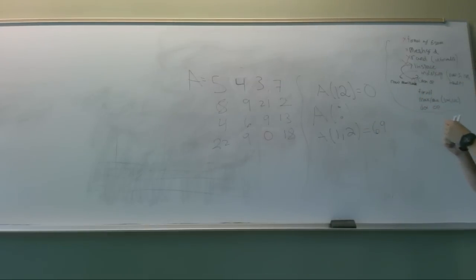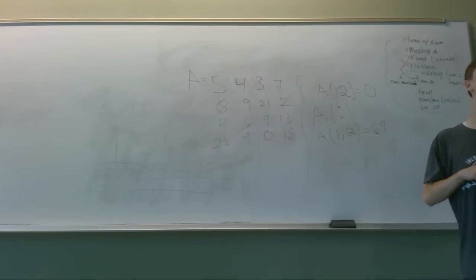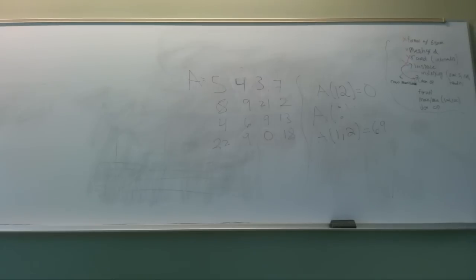Does that need to be a bracket? No, it didn't have to be a bracket when we were just doing 1 row and 1 column, right? Oh, okay. Yeah. So what's this do? Because you're going to replace the first row and second column position with 69.